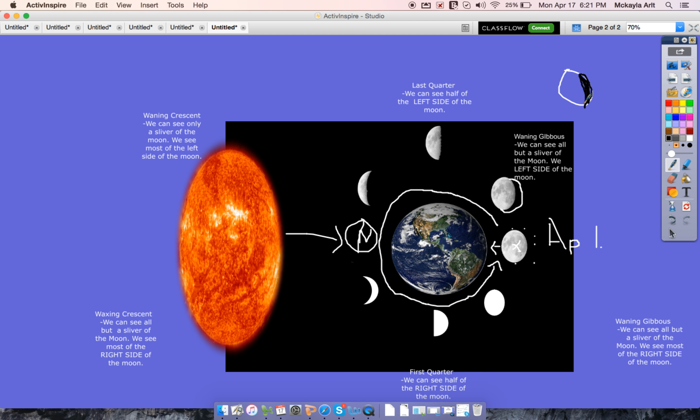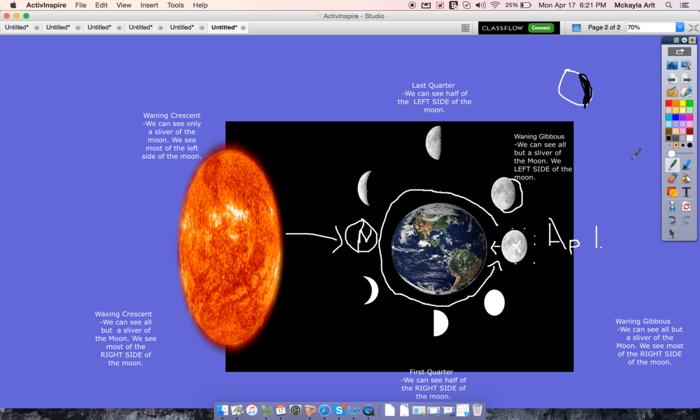Maybe you could fill it in with a pencil and then leave this side white, because as you can see, the left side is white. This is a waning gibbous, so pause if you need to draw your moon around your Earth. You can just add on your information to your last drawing of the full and new moon. Don't forget to add this information.